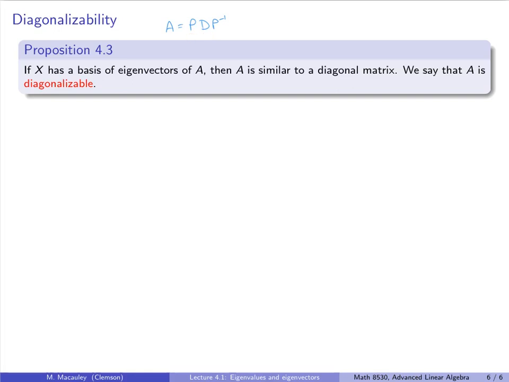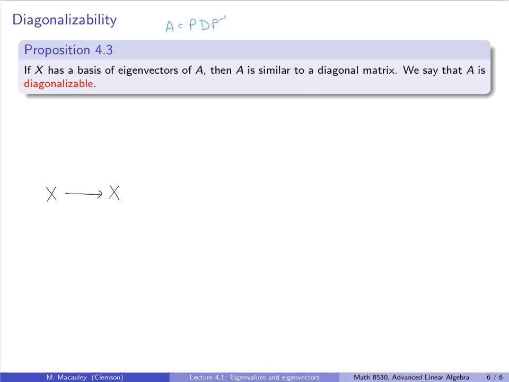In this case, we say that A is diagonalizable. So I will verify this by actually showing you how to construct such a P and a D. Now this is a good time, if you have not already, to go back and watch my video on change of basis matrices.